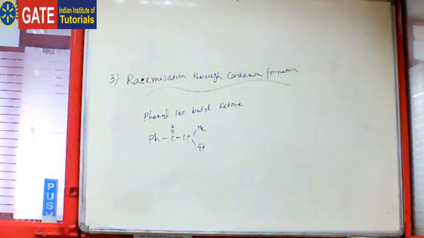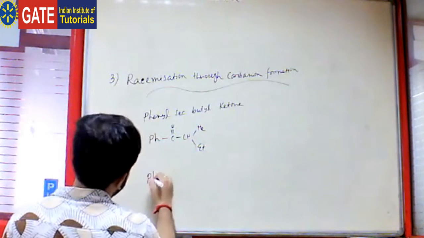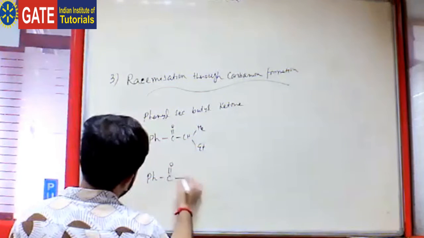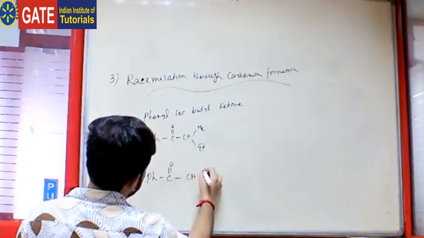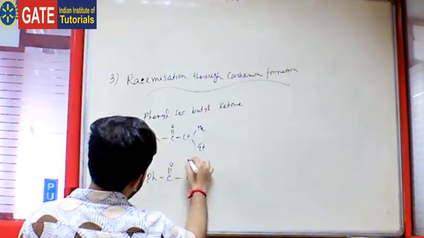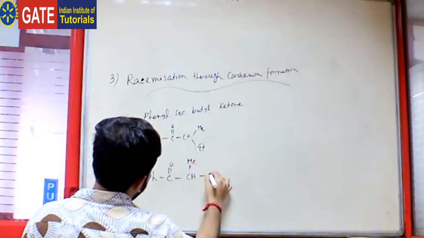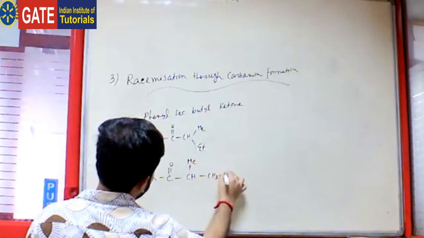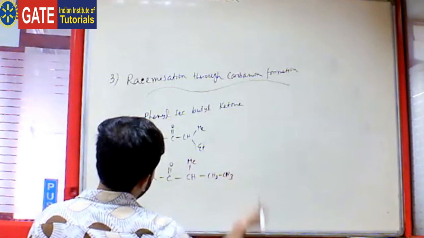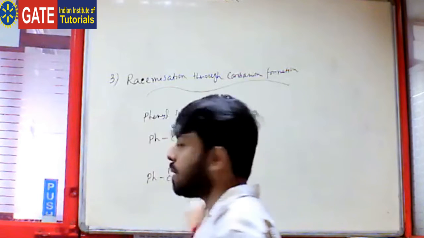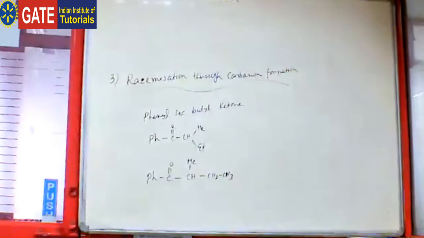Okay, what is the IUPAC name of this compound if I draw it? So tell me what is the IUPAC name of this compound? This is the phenyl butyl ketone.